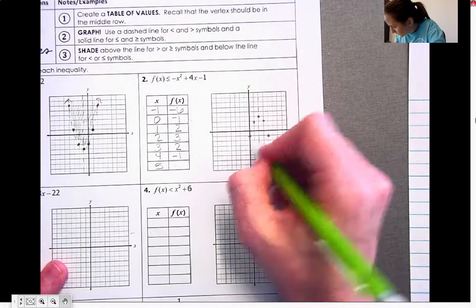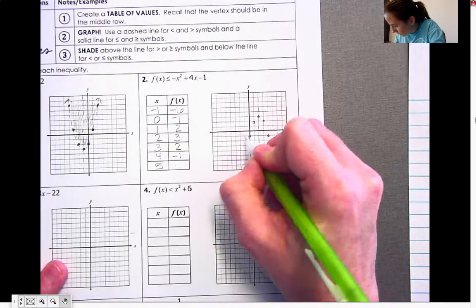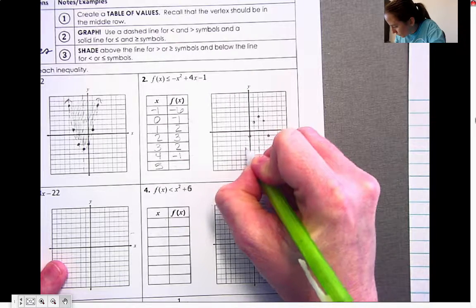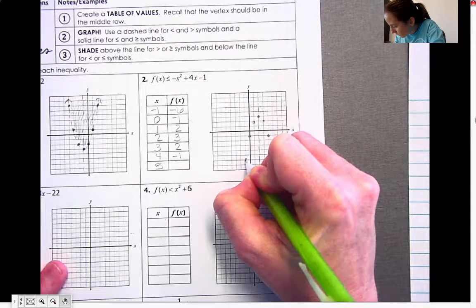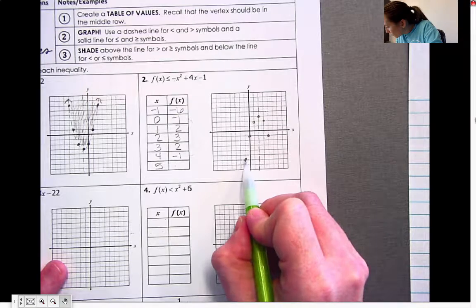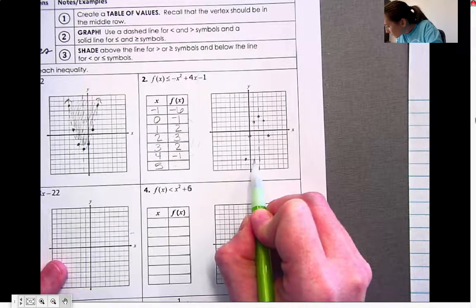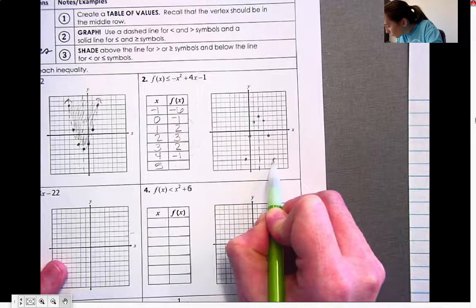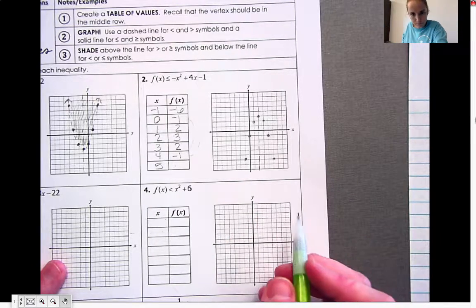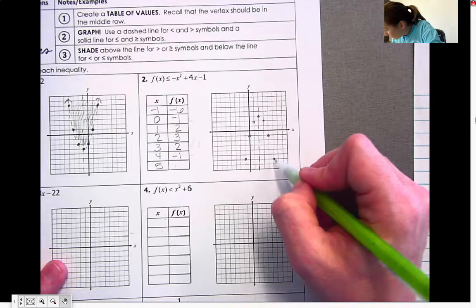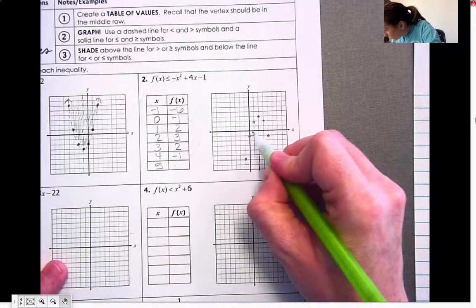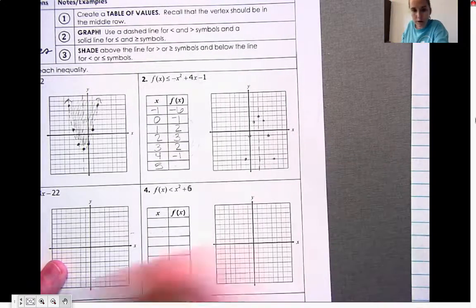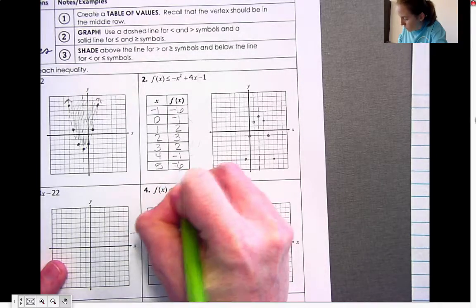But let's see. At negative 1, I go down 6. 1, 2, 3, 4, 5, 6. Yep. And then I look at this, and this is 4 spaces. So I'm making sure it's symmetrical, and make sure this is at 5. 1, 2, 3, 4, 5. That is correct. So this was also at negative 6.